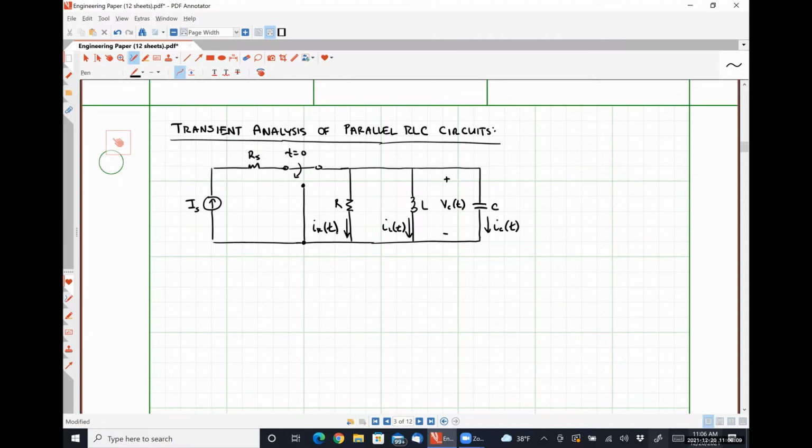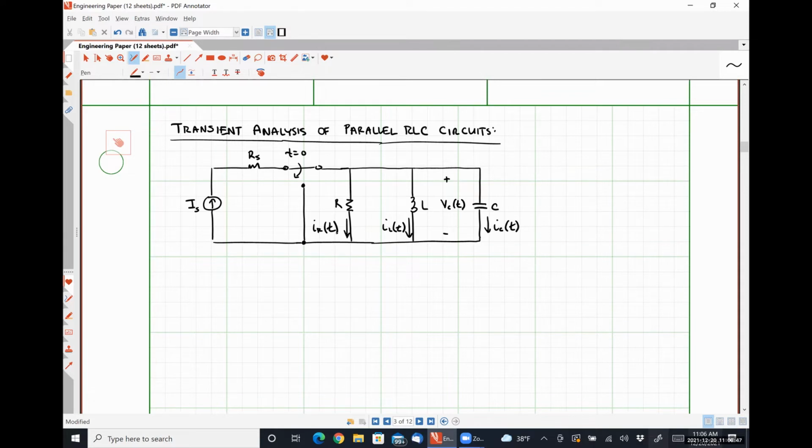All right, so at t less than 0, what should we observe in this system? For t less than 0, assuming that our circuit has been on for a very long time, we should see that the inductor and the capacitor are represented by their DC steady state equivalents, which in this case means that our inductor will behave like a short circuit and our capacitor will behave like an open circuit.